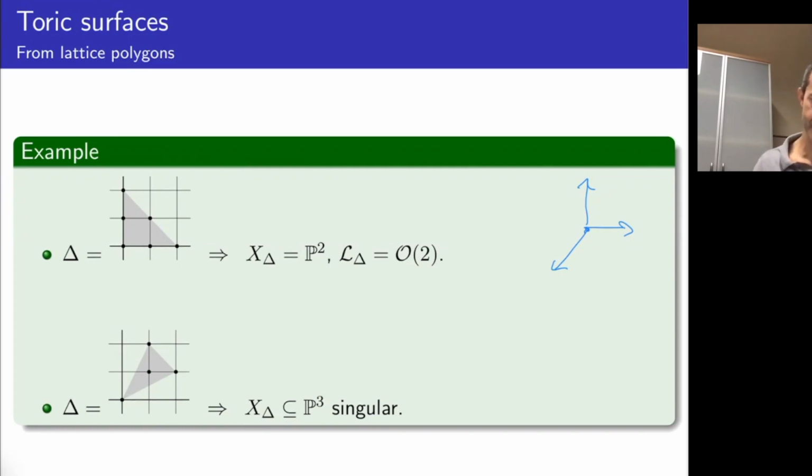The second example is again a triangle, but we have just 4 integer points, giving a surface inside P3. And this surface turns out to be a singular cubic surface of P3.